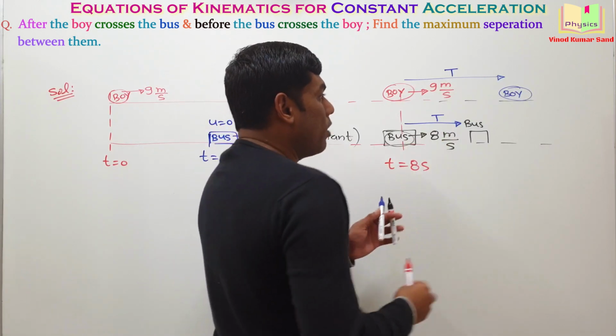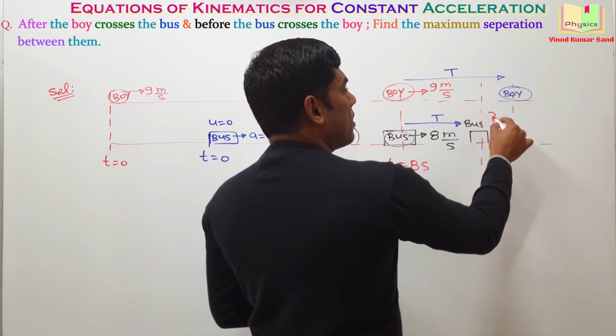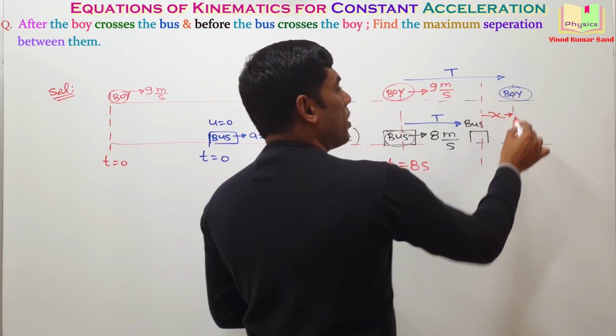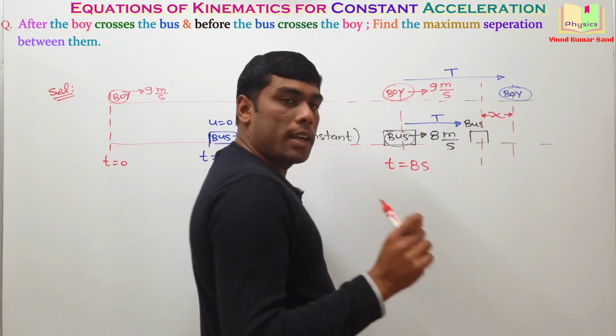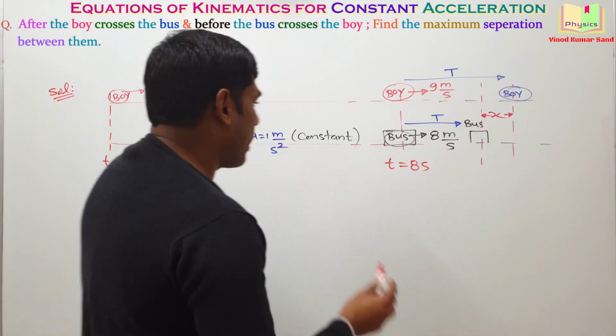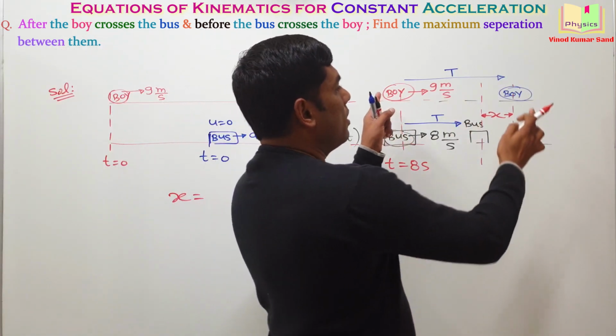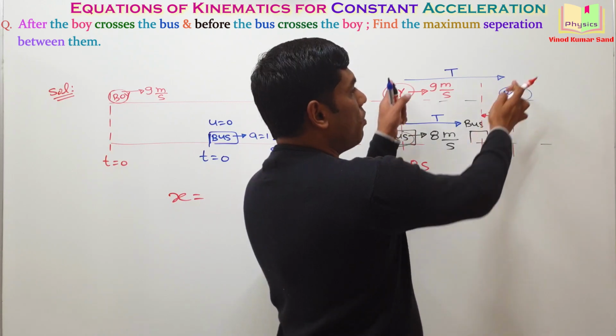Now we can obtain the separation between the boy and bus. This is the separation between boy and bus. Getting it? In order to obtain that x, I should subtract this distance from this one.